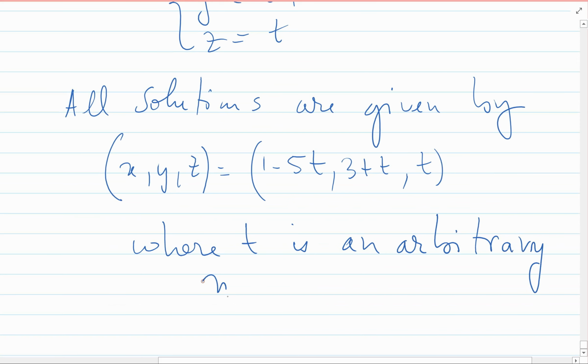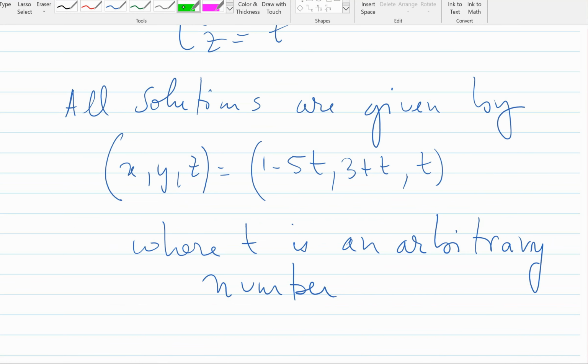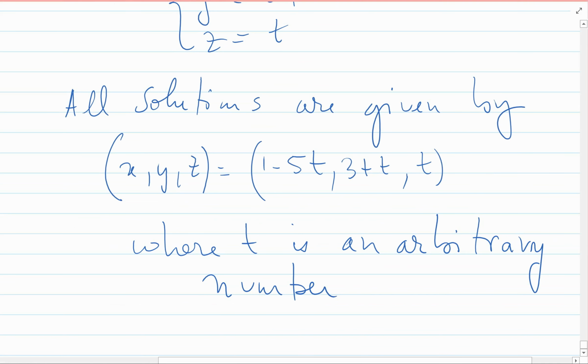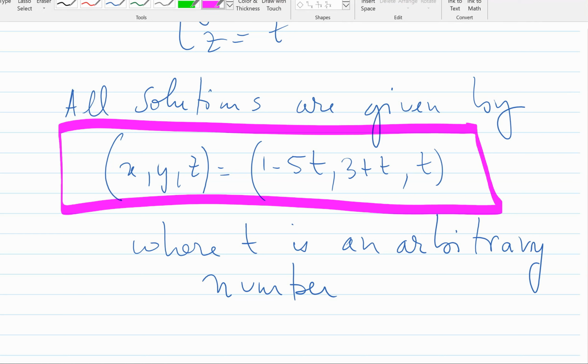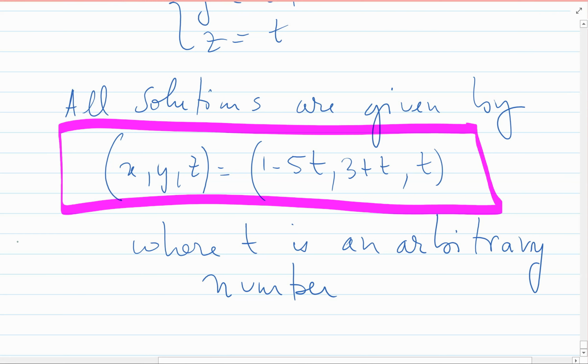This general form that gives you all of them, we call a general solution. This happens if you have plenty of solutions in the linear system and you have one form that gives you all the solutions.